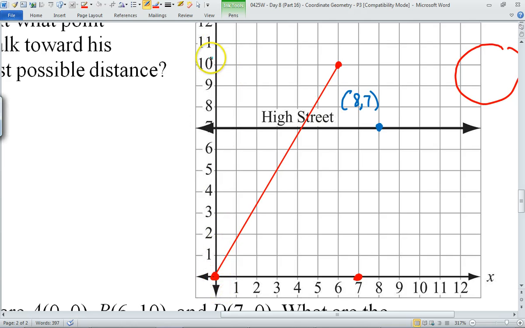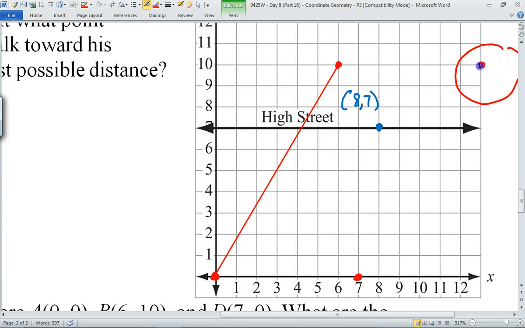What's the rise and what's the run? What's the rise? It's up 10 and over, I think it's 6. Okay, so it's up 10 and over 6. If this is a parallelogram, the other side should have the same slope. So starting from this point down here at the bottom, I'm going to go up 10 and over 6.